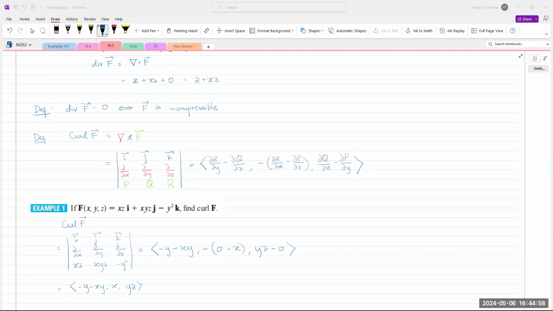Is it okay? Hold on, what am I doing? This should be negative 2y squared. Is it okay? Yeah, so that's the curl of F.